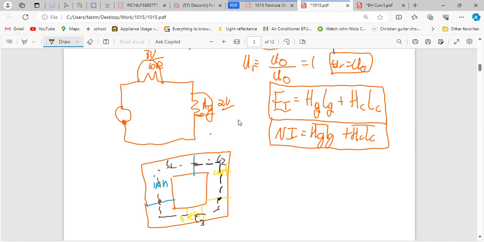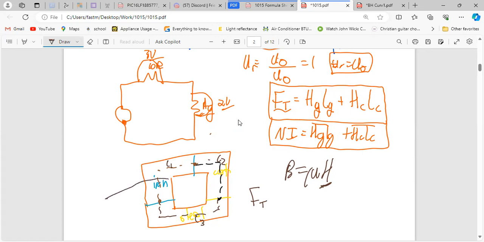Each of these materials will have a different H. They will all have the same flux density, since the flux density is constant, but they'll have a different permeability. And because they have a different permeability, they will have a different field intensity, H. That is why you can't just apply Ampere's circuital law outright, because you have to sum the different pieces together. So Ft is the total MMF needed to push the flux through this material.